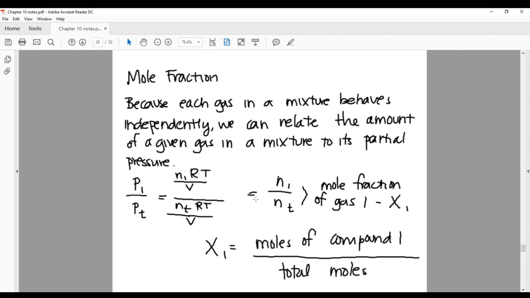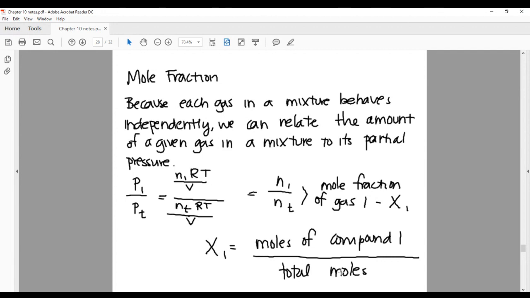And when the RT over V cancels, I'm left with P1, the partial pressure of gas 1, divided by the total pressure, is equal to the number of moles of gas 1 divided by the total number of moles. And that is read as the mole fraction of gas 1, which we assign a variable of X sub 1. So X sub 1 is equal to moles of compound 1 divided by total moles.